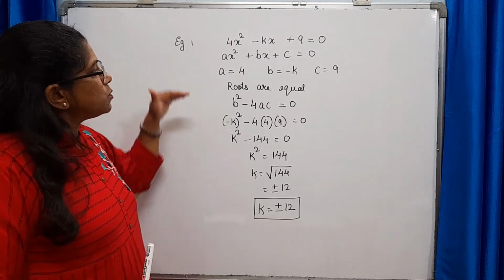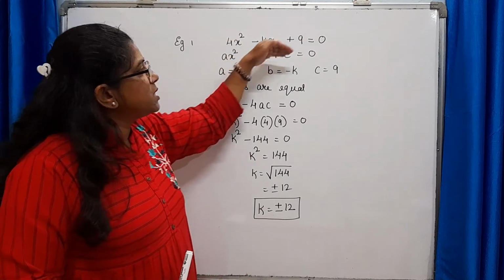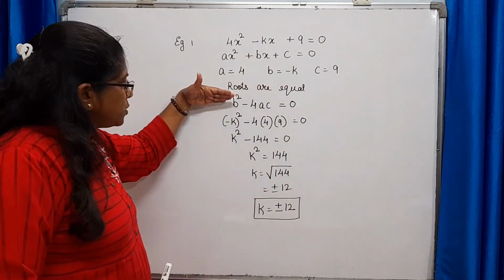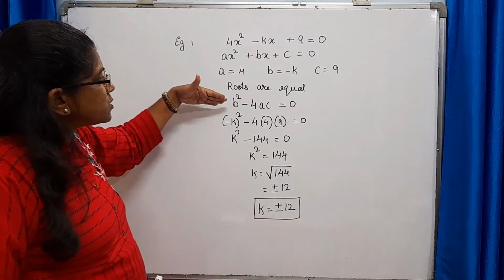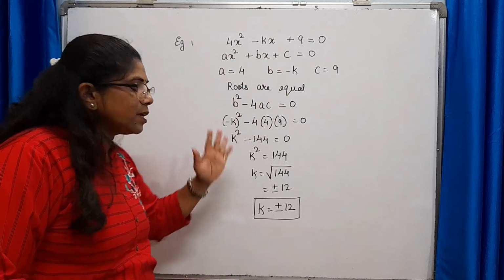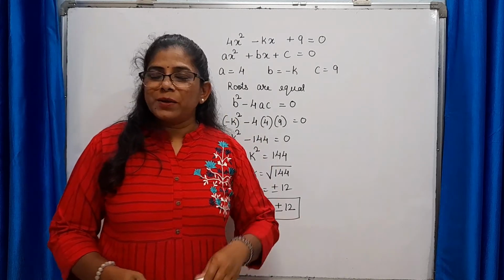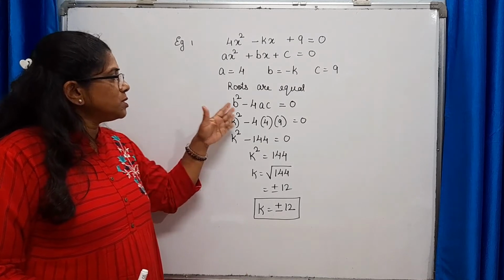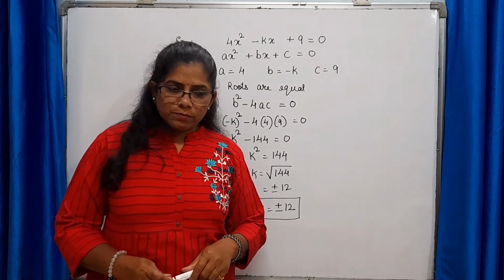So what we have to do: note down the values of a, b, c. Wherever it is k, note it down as k. Substitute the values in b square minus 4ac is equal to 0, solve it and get the answer for k. So this is one important type of question which is based on this b square minus 4ac.